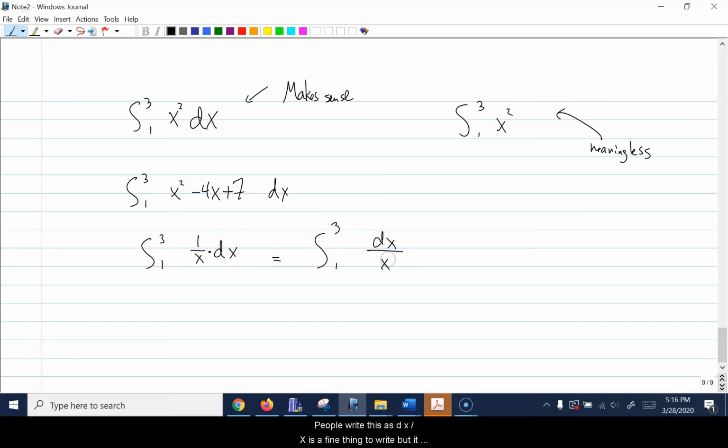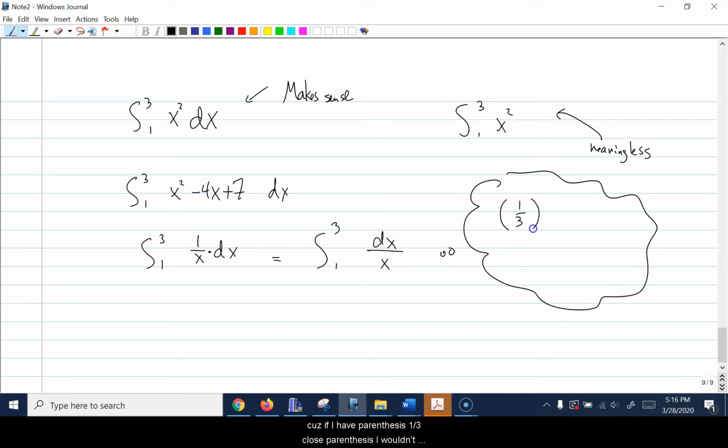So people will write this as dx over x, which is a fine thing to write, but it sort of messes up my thing saying that it's a parenthesis, because if I have parenthesis 1/3 close parenthesis, I wouldn't rewrite that as close parenthesis over 3. That doesn't make any sense. So the dx kind of is a thing that doesn't make sense. It's a weird tradition in math that it's hard to wrap your head around.